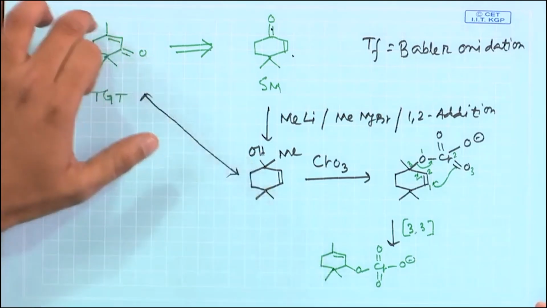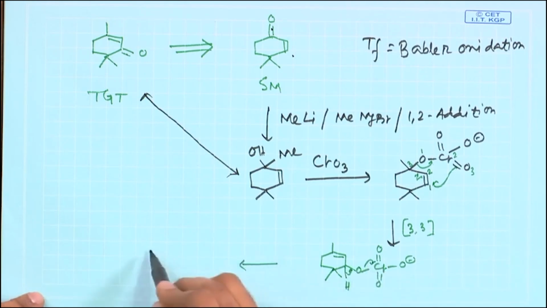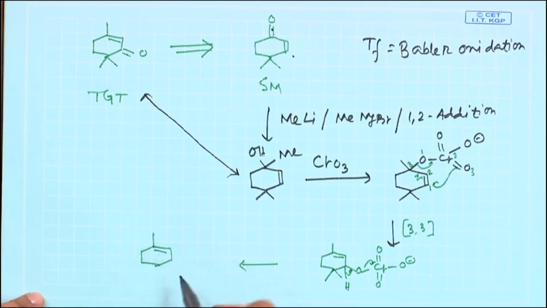Eventually you have an abstractable hydrogen here, which is the essential prerequisite of chromium based oxidation. Now, this oxidation will take place, and you will get the desired target molecule.